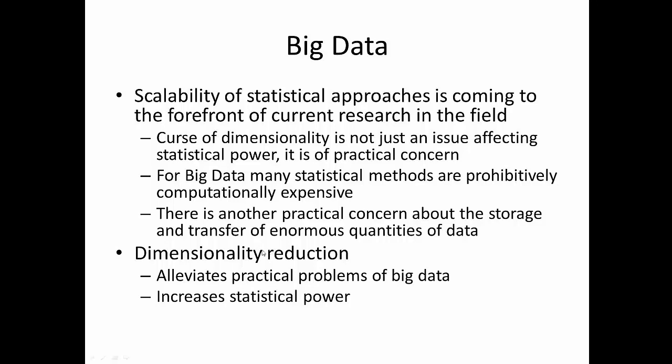There are other practical concerns with very high dimensional data, which is data handling. Just storing, transferring and sharing the data becomes very cumbersome as the data becomes very large. And dimensionality reduction is one approach that can alleviate these problems. By reducing the data down to its essential signal, you get a much smaller representation of the data, which is easier to handle.